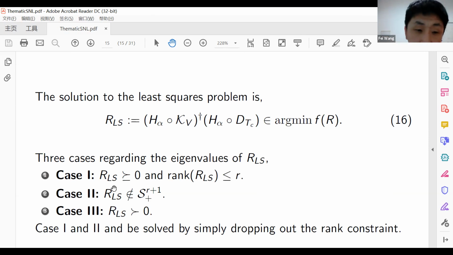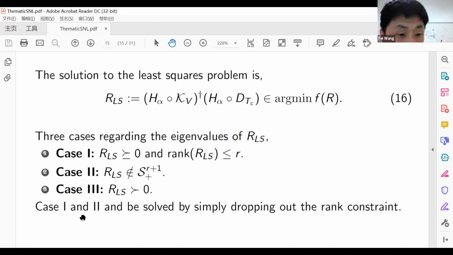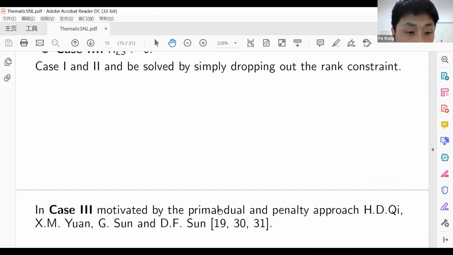In the second case, if the solution is not actually a PSD matrix, then again we are happy. And case 3 is where the solution of the least square problem is strictly positive definite. So case 1 and case 2 can be solved by simply dropping out the rank constraint. So they are the easy cases, and case 3 is a hard case.